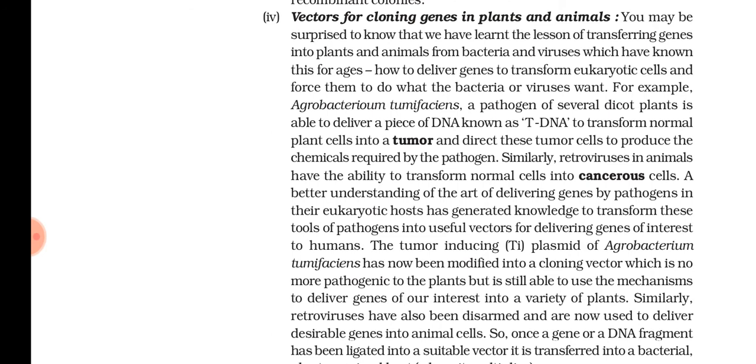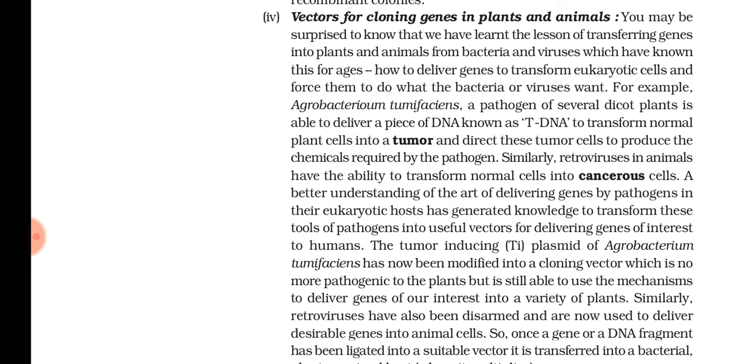Understood? And nowadays, what we are doing by seeing them is, we have isolated the tDNA and disarmed it, meaning it will not produce any disease now, but can simply be used as a vector. And the same thing is done with retroviruses also. Is it clear?